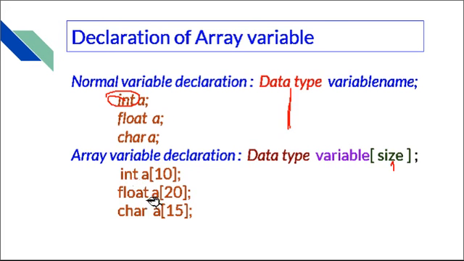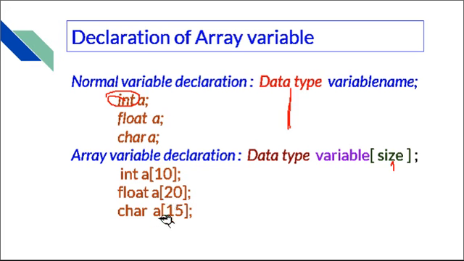In the next line, float A[20]. The data type you have mentioned is float, and the size is 20. So A is a floating point type array variable, capable of holding 20 floating point type elements at a time.